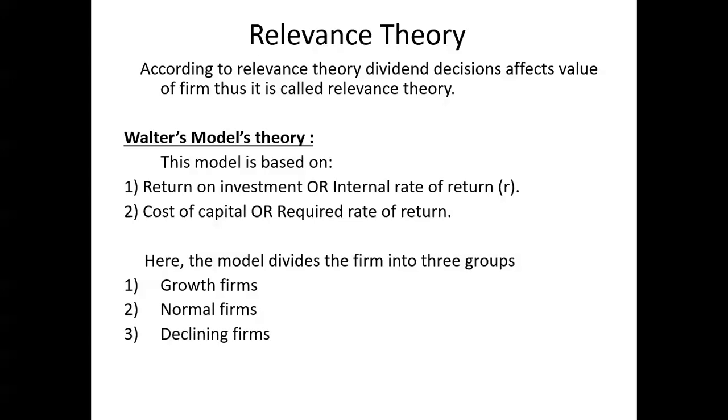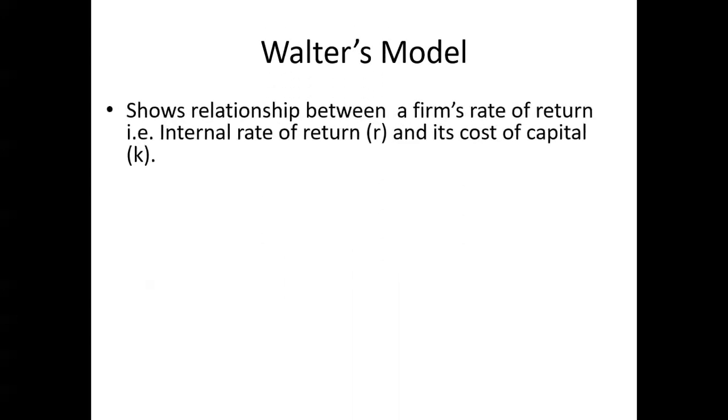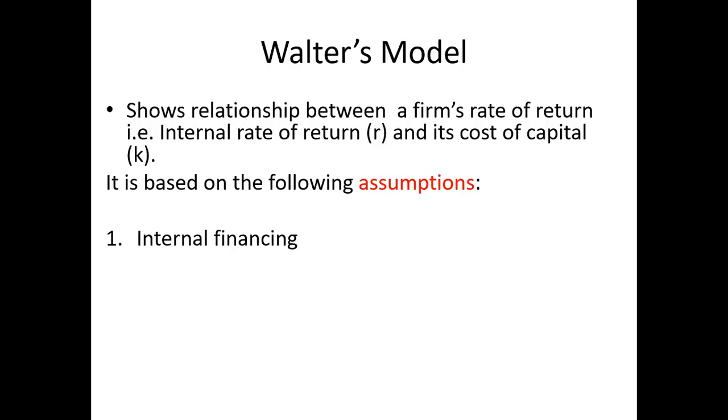In this model, the firms are divided into three groups: the growth firm, the normal firm and the declining firm. In this model, there are some assumptions. Before I go into detail about the growth, normal and declining firms, I would like to discuss some of the assumptions of Walter's model.